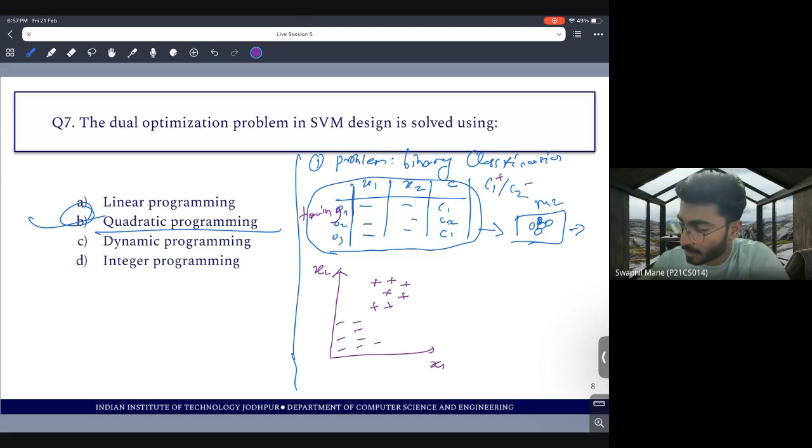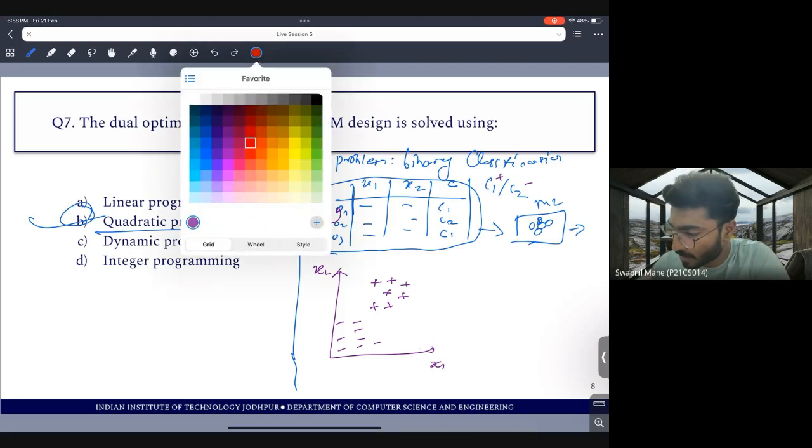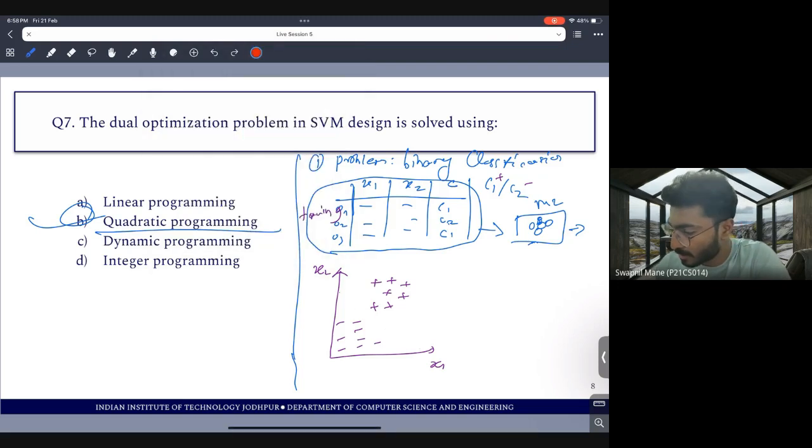So what SVM actually does is draw a hyperplane such that the distance between the closest points from the respective classes is maximized. These are the closest points to the hyperplane, right?